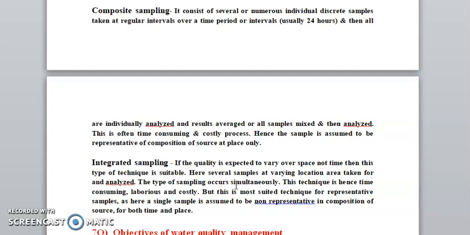This type of sampling occurs simultaneously. This technique is time consuming, laborious and costly, but it is the most suited technique where a single sample is assumed to be non-representative of the source for both time and place.